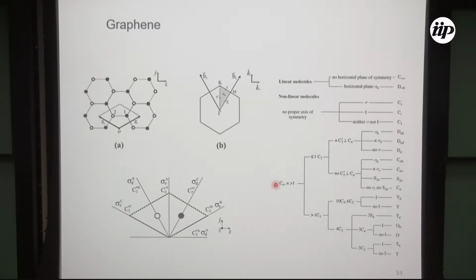We have more than one C3 axis, and then we also have n C2 prime axes perpendicular to this Cn. We have 6 C2 prime axes perpendicular to the C6 axis, and we have a horizontal mirror.